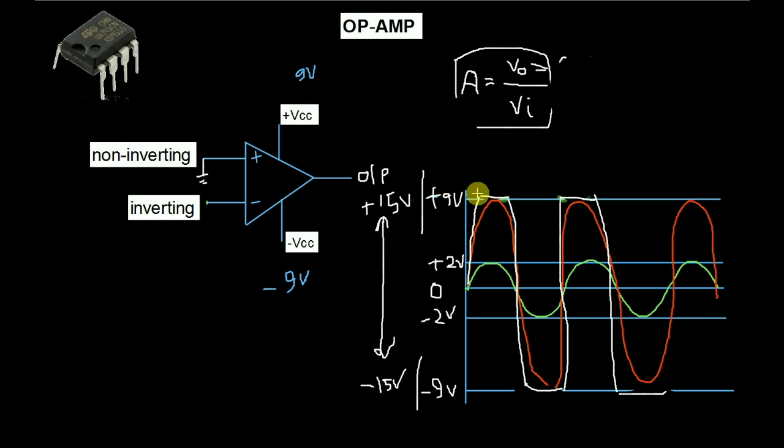So the output will not be good because some portion of the output has been saturated. So from this you can say that the amplification depends on the gain of the op amp and also depends on the biasing voltage.